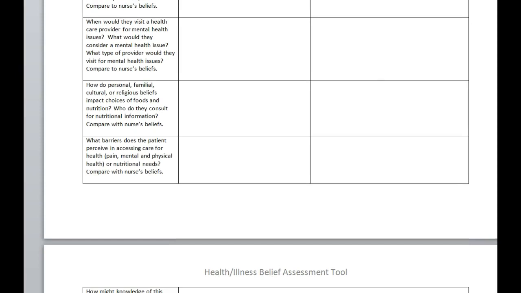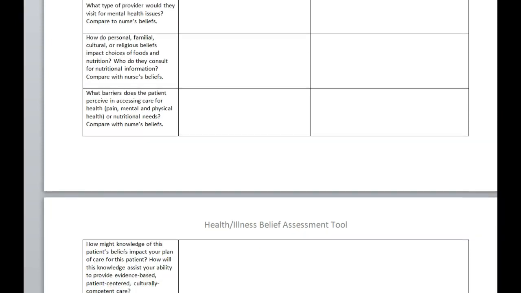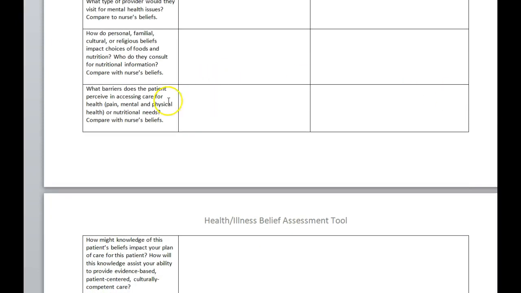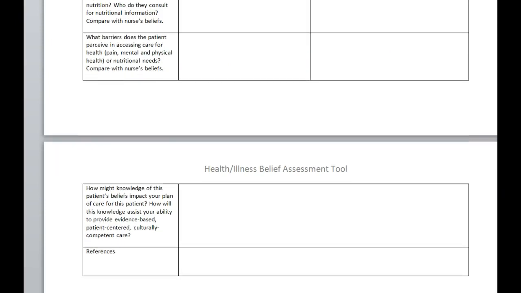So finally, you're going down the list of personal, familial, culture, and religious beliefs which impact food choices. And again, especially if you're doing a different culture, that is usually an area where you'll see a difference. And what barriers does the patient perceive in accessing care, compared to your beliefs?